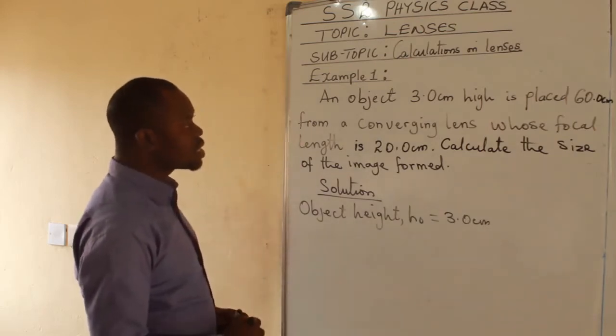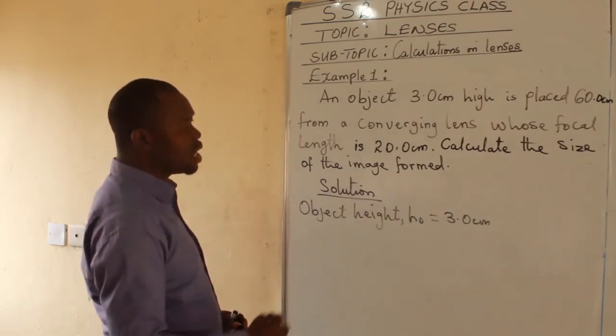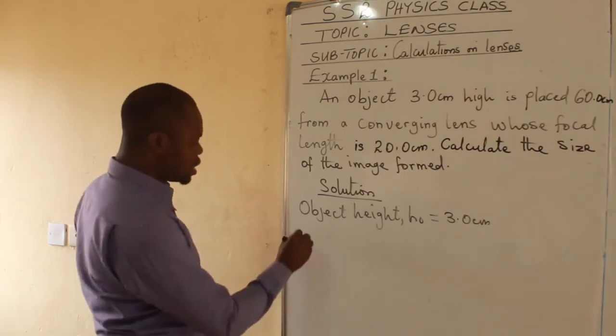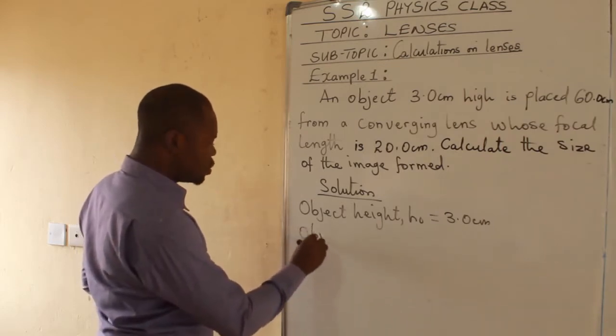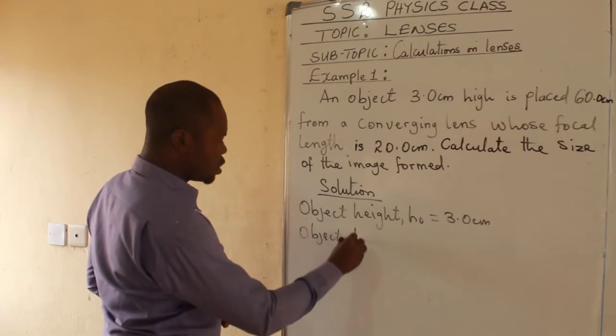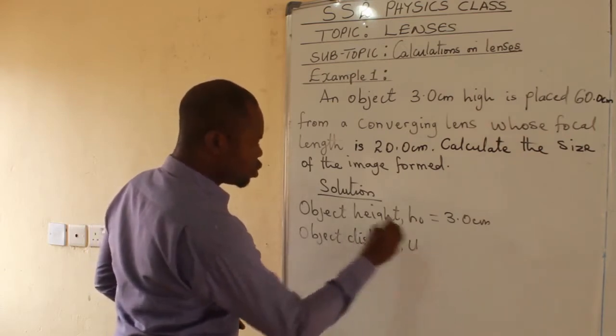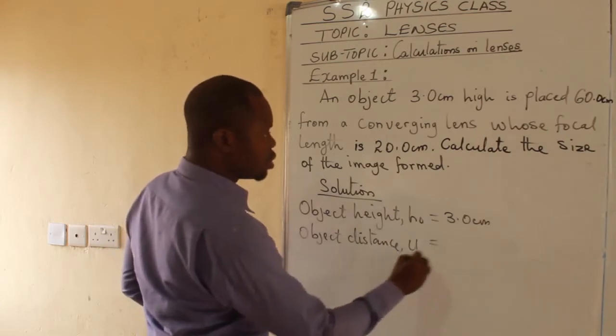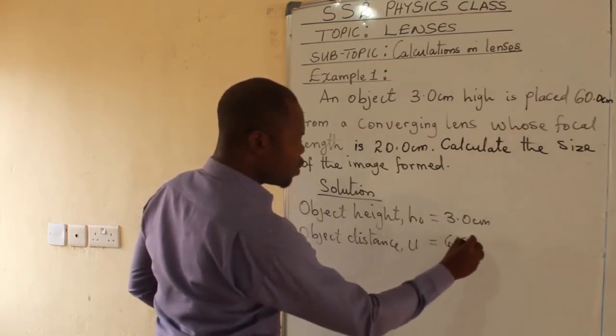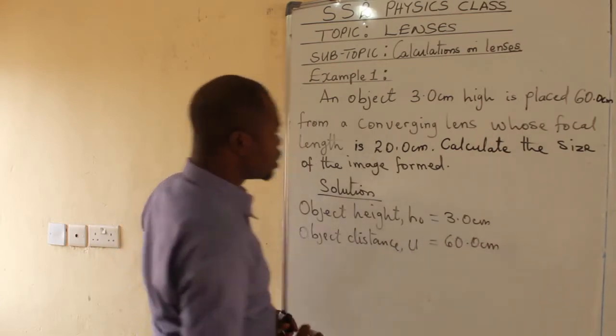Then placed 60 centimeters from a converging lens, that's the object distance, U equals 60.0 centimeters.